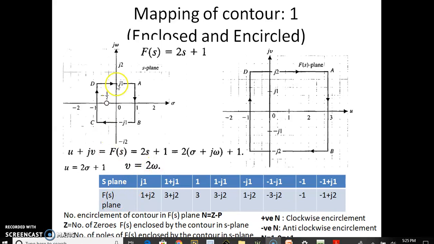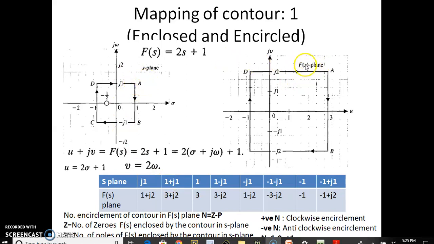Now you can see this particular point has been mapped to 1 plus j2, meaning this point of the contour is mapped to 1 plus j2, which is the equivalent point. Similarly, consider this point, 1 plus j1, and find the corresponding position of the contour in the F(s) plane.